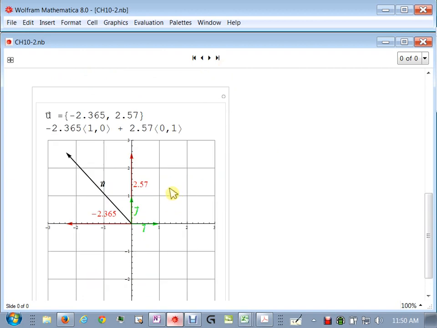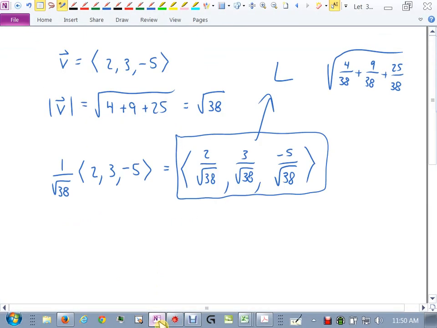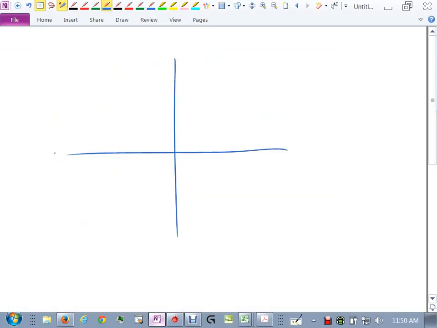The point I'm trying to make is that these are not the only basis vectors in R2. I could take this vector here, I'll call it r1 because my name's Robert, and I can take this vector here, I'll call it r2. Those two vectors also span R2.